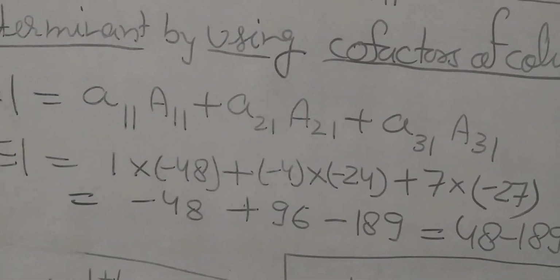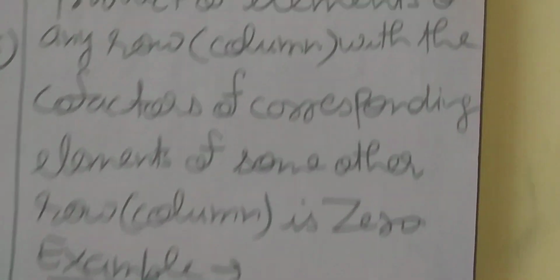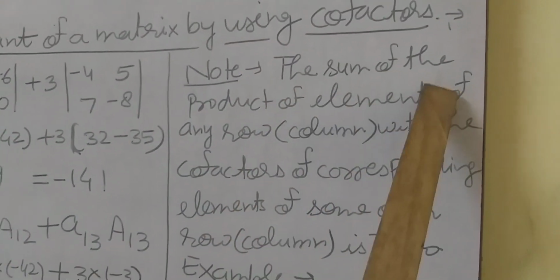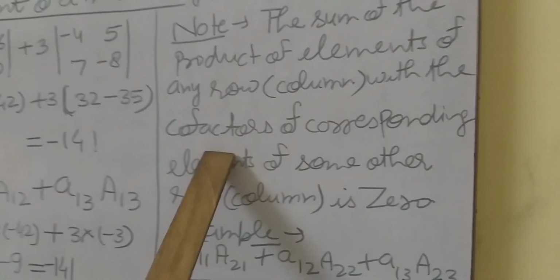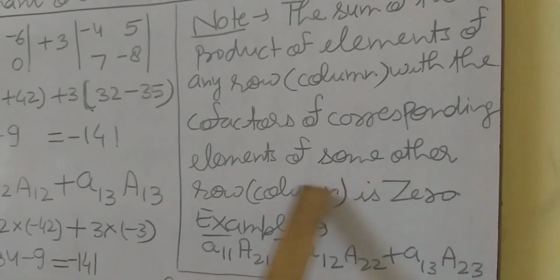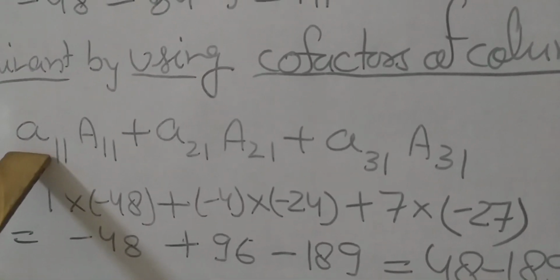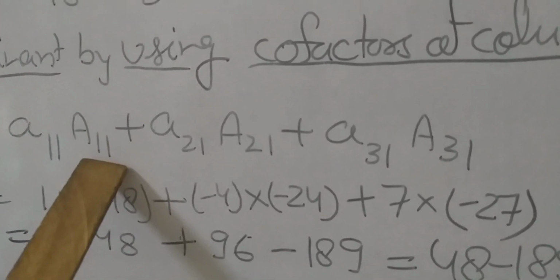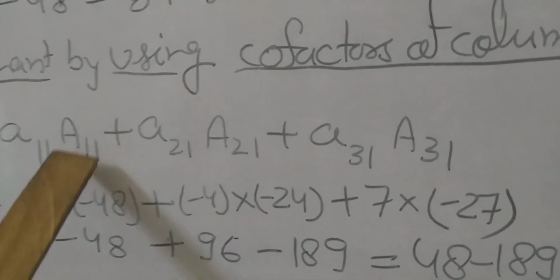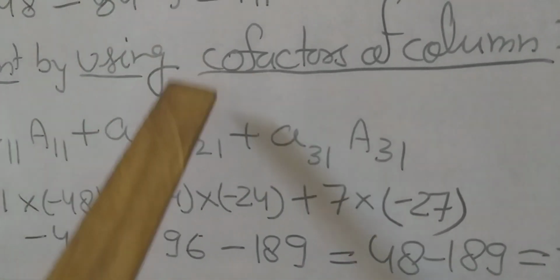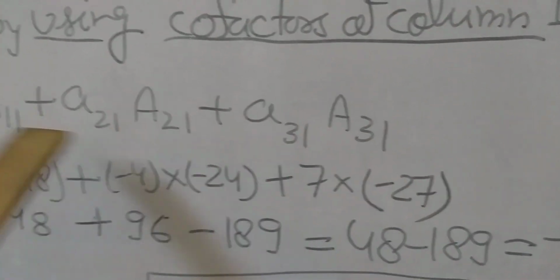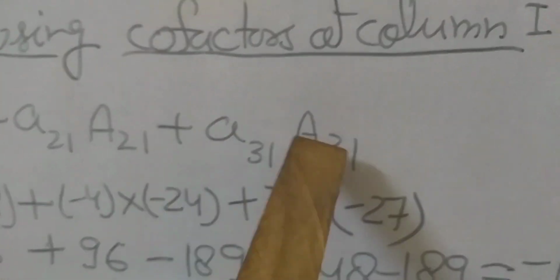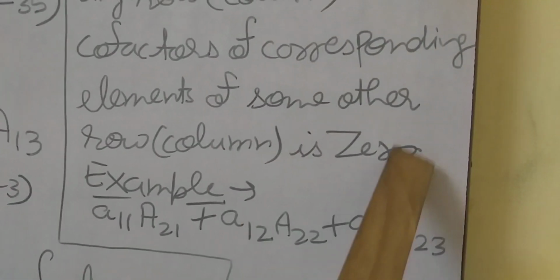Now students, one thing we have to remember, a rule: the sum of the products of the elements of any row or column with the cofactors of the corresponding elements of some other row or column. Here I have taken their own cofactors: a11 with A11, a21 with A21, a31 with A31. If I take the cofactors of any other row or column, then the answer is 0.